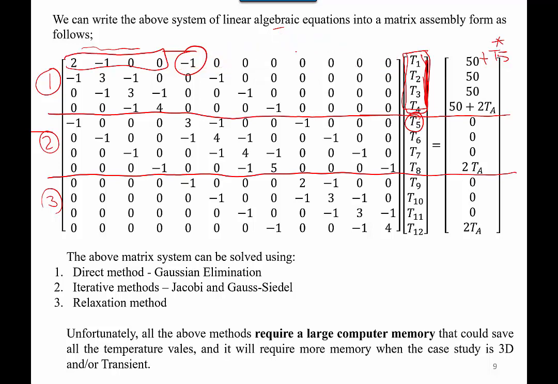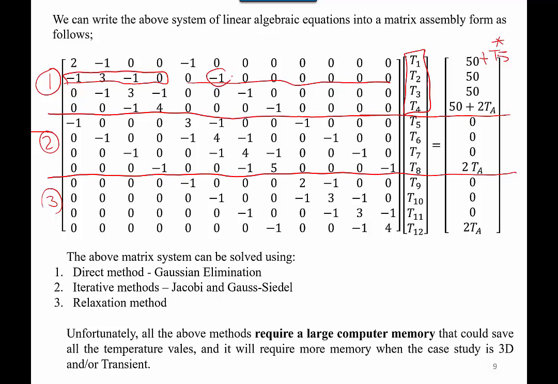Then let's do the same thing for the second row. Since as we said, these 4 elements will stay as they are, multiplied by this vector, and the rest of these numbers will be transferred with their temperatures to the right side.